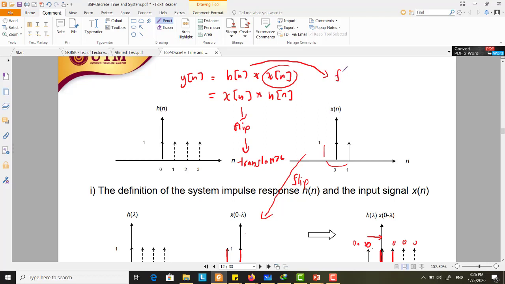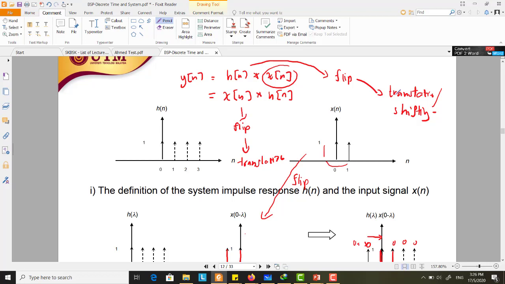We flip first and then we do some translation or shifting to get the yn value. So it doesn't matter, because in the original operation of convolution, you can either flip and shift the hn, or you can flip and shift the xn.